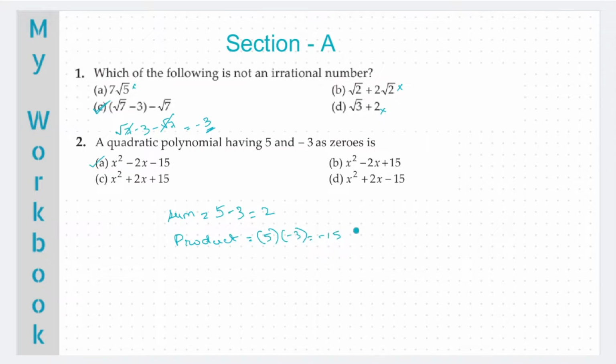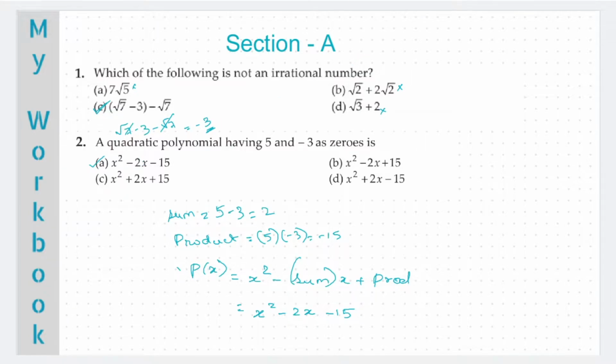So if we know the sum and the product of the roots, we can form the quadratic polynomial as x square minus sum of the roots into x plus product of the roots. So you have x square minus 2x minus 15. Option A is the right answer.